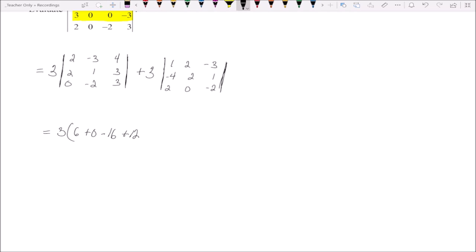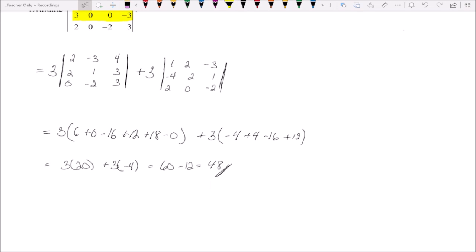Negative 3 times 2 is negative 6, times 3 is negative 18, minus negative 18, and then minus 0. Using the same technique, we will get negative 4, plus 4, minus 16, plus 12. I didn't write out the zeros here. So we get 3 times 20 plus 3 times negative 4, which is 60 minus 12, which is a determinant of 48.